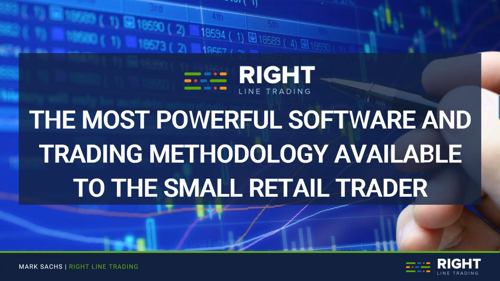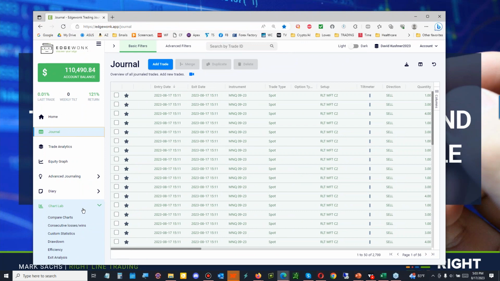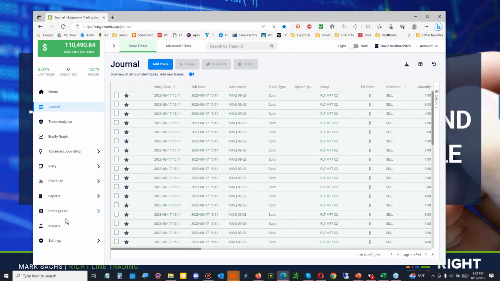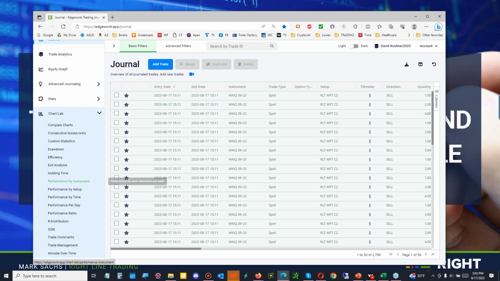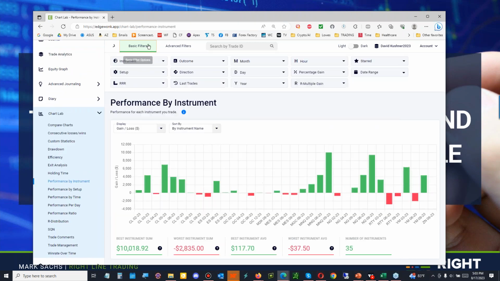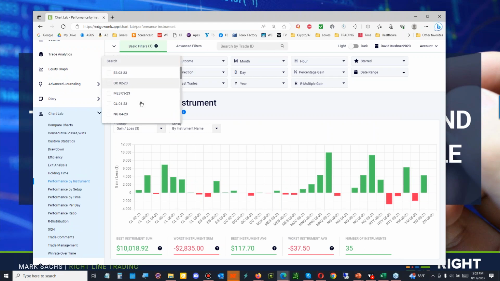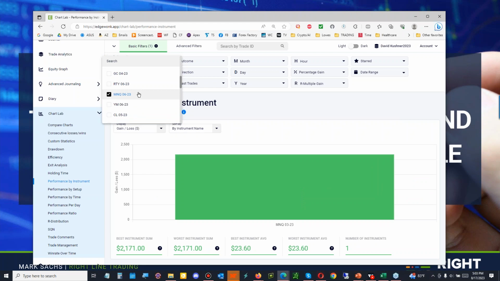All right. So you can see the auto trader, and I'll show you what the auto trader has been doing. Okay. And the only way I can do it here is to go to Chart Lab and go to Performance by Instrument, and then change this to MNQ, because it's the only thing I trade MNQ on.